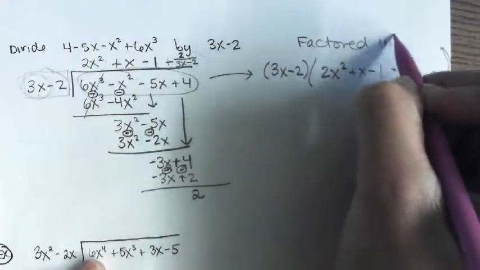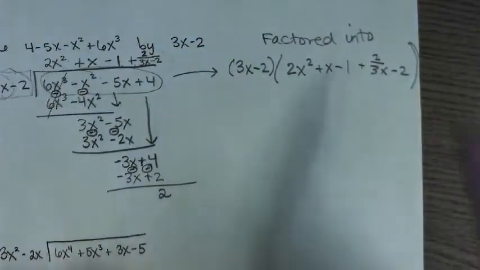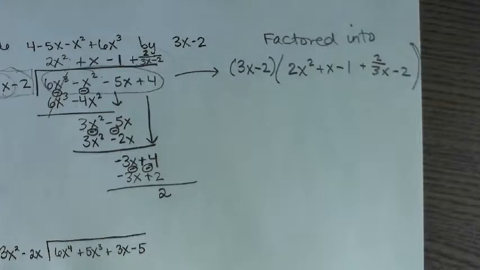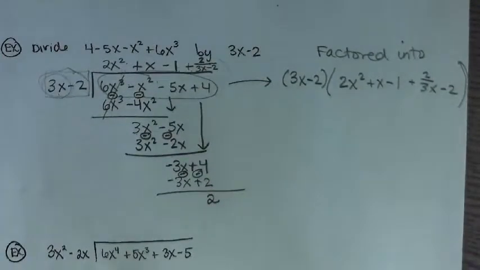So it factored into those. Okay, so when things don't appear to be factorable by our traditional methods, we resort to long division to factor. Okie doke?